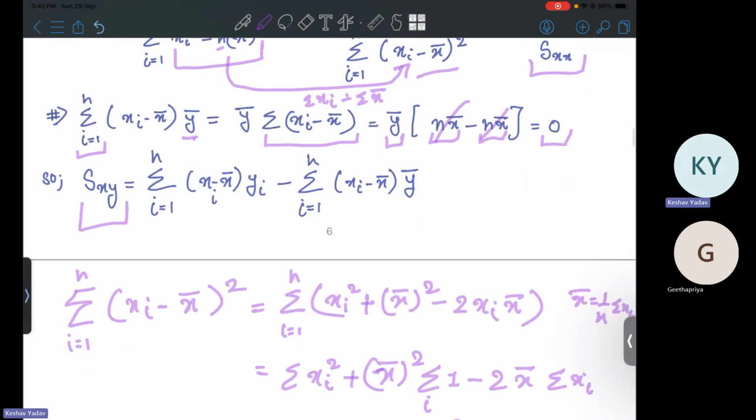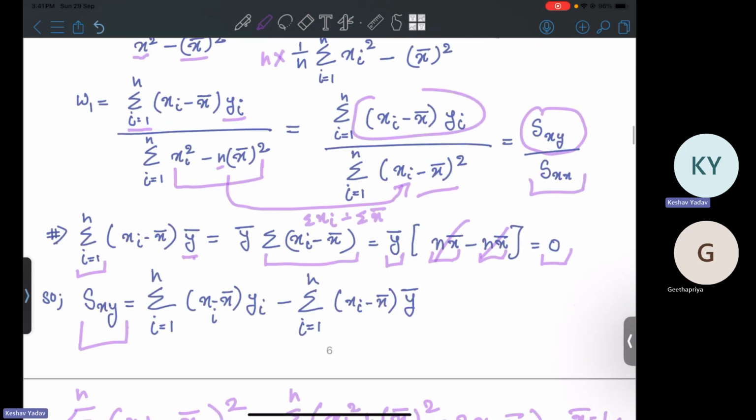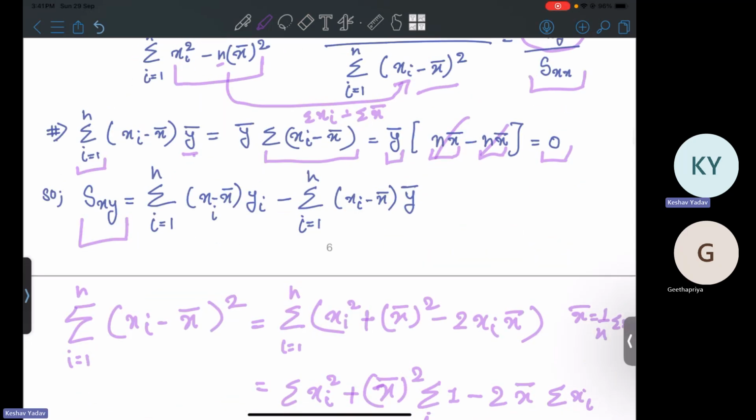So for Sxy we have summation of xi minus x bar times yi. I have subtracted 0 from here, since this is nothing but 0. So now we can take these two terms together. That will lead to Sxy, which will be equal to summation of xi minus x bar multiplied by yi minus y bar.